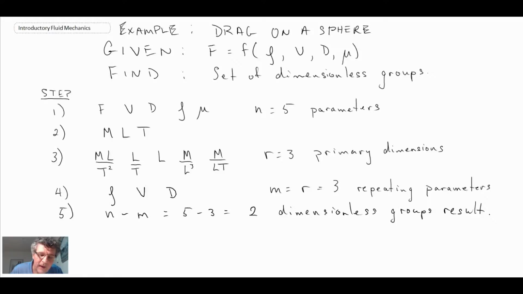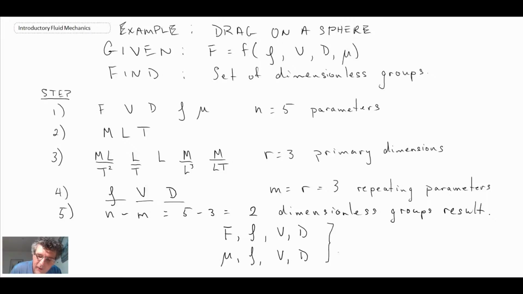And what we have, we said that each of those is going to consist of rho, v, d, and so we combine it with the remaining variables or parameters. So one of them is going to have force, rho, v, d, and the other one is going to have viscosity, rho, v, d.